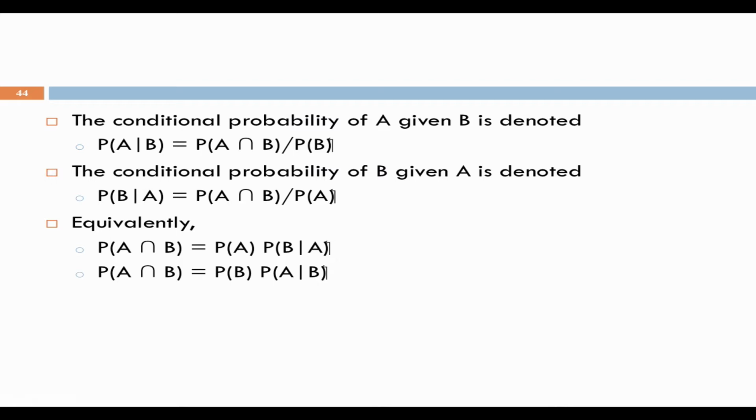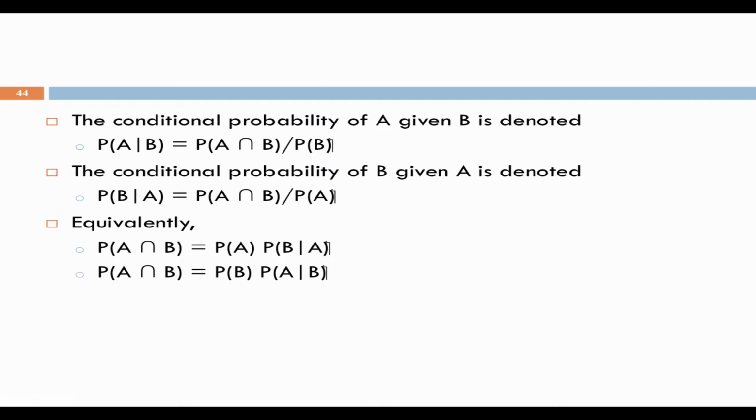It's the frequency of A and B both happening over the frequency of B happening. In the Venn diagram, you can understand that in a graphical way a little bit easier.